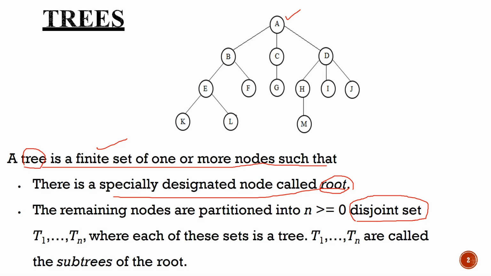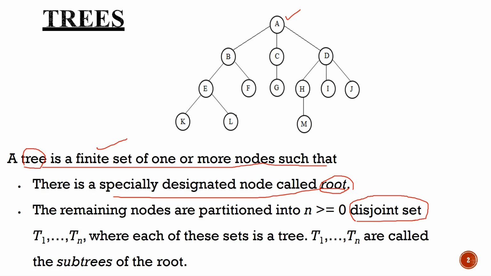There are three branches: one leading to B, another leading to C, and the next one leading to D. There is no edge coming towards A. All are going out of A: A to B, A to C, and A to D. So the root is a node which has no incoming edge. It is the first node, the base node, from where our tree is originating.